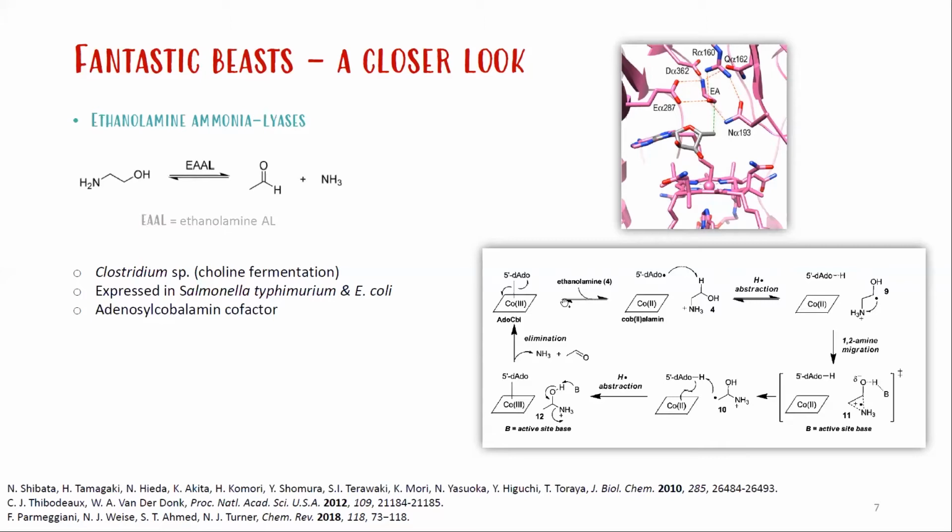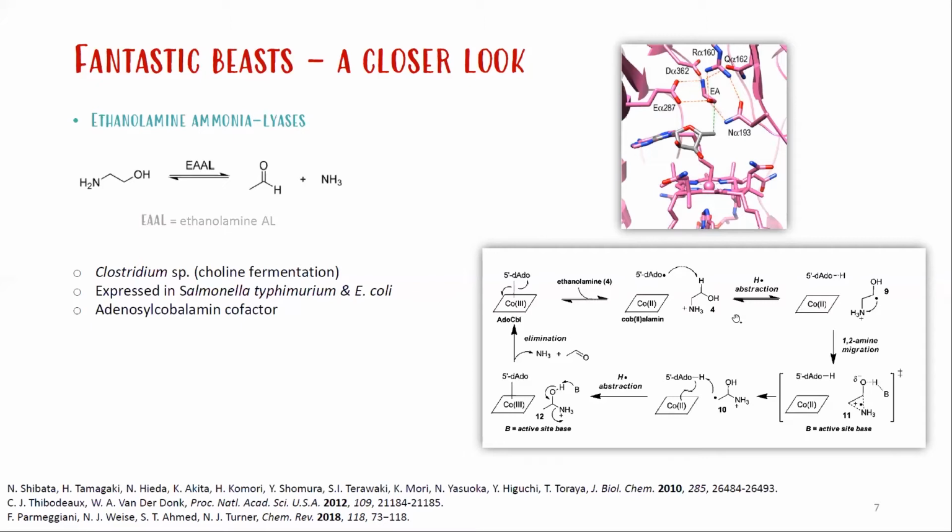So in here we have an outline of the proposed mechanism. So what happens is, so we have a cobalt 3 in the cofactor, we have a homolytic cleavage of the C-cobalt bond, okay? And then the adenosyl radical, which is after substrate binding, is positioned in such a way that it can abstract the hydrogen atom from this here alpha carbon, okay?